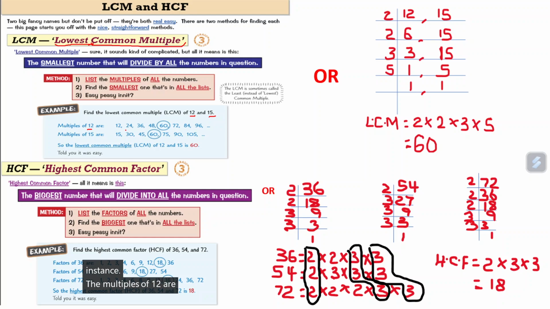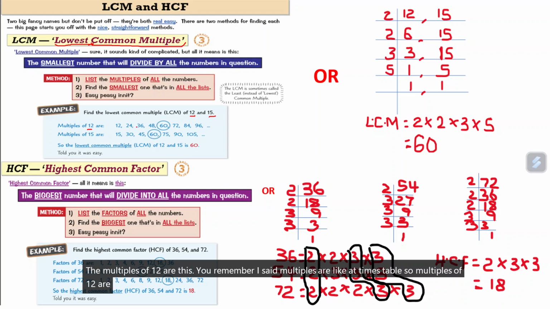Remember I said multiples are like our times table. So multiples of 12 are 12, 24, 36, 48, 60, 72, 84, 96.